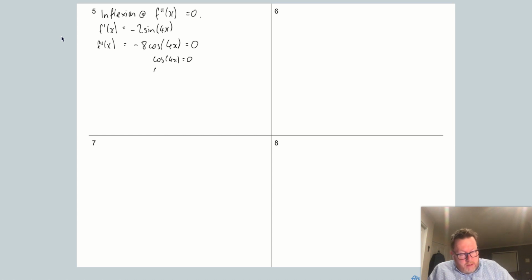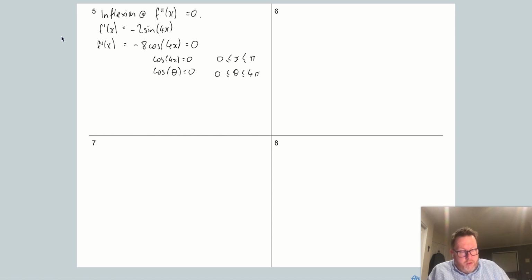And that means that the cosine of theta is equal to 0, because x was between 0 and pi. X is now between 0 and 4 pi, beg your pardon. Should be theta there in the middle. Okay, so that's okay. We can work that out.